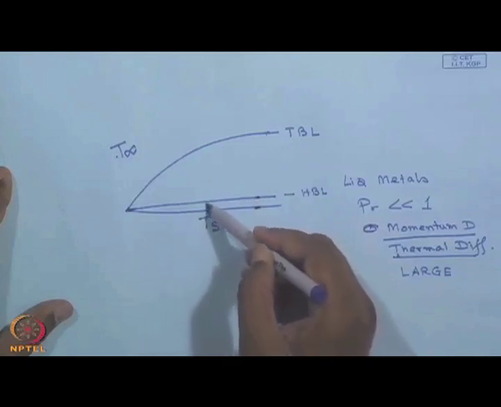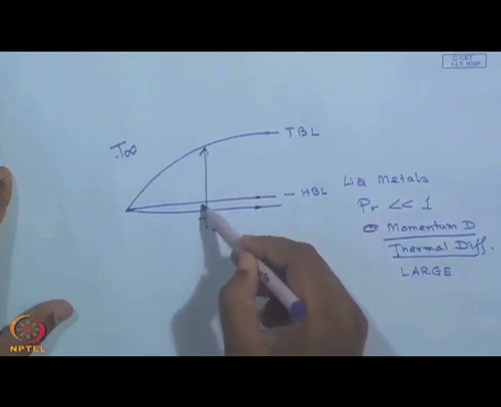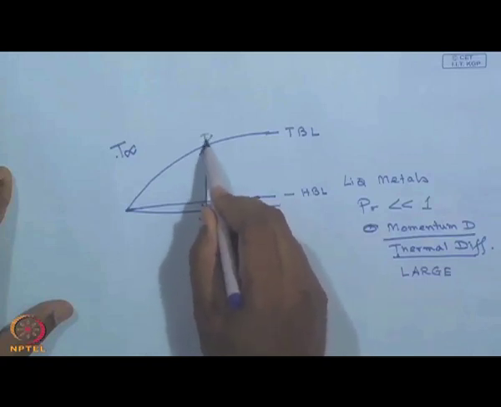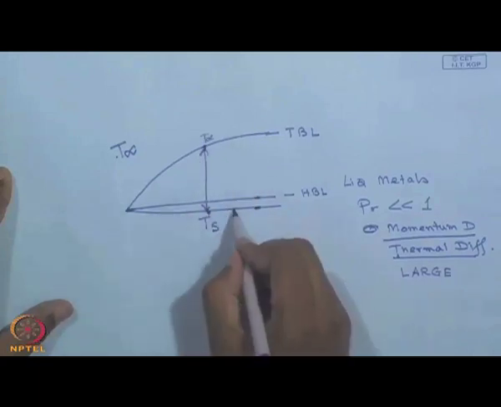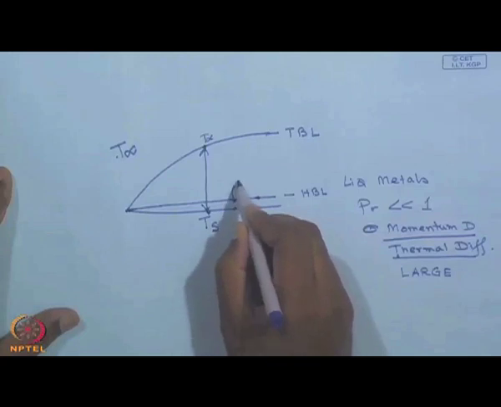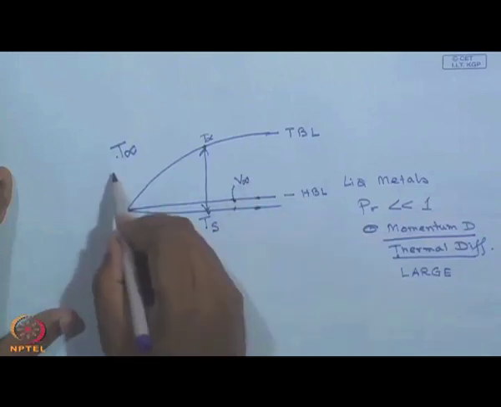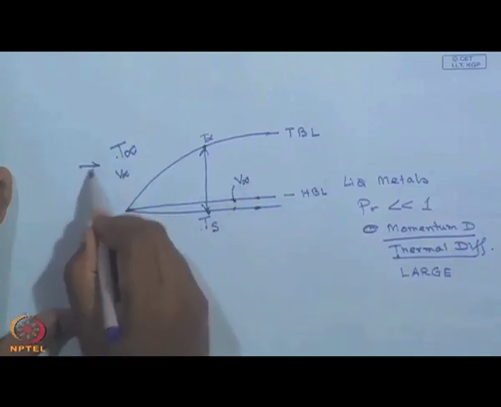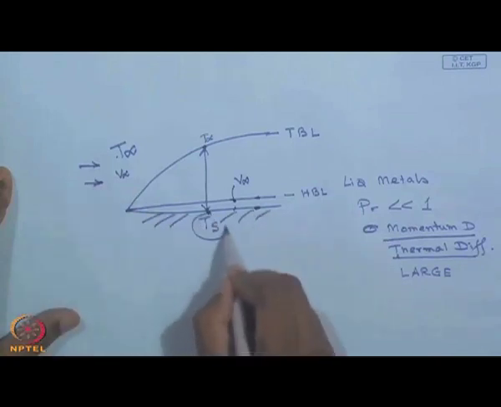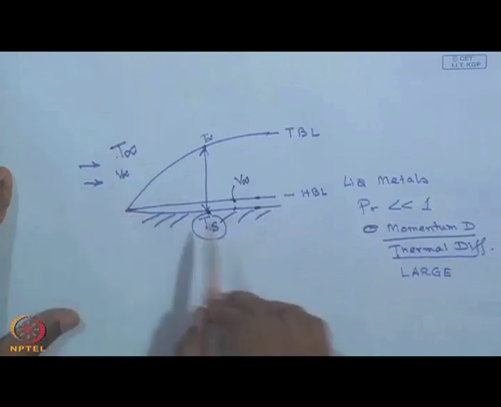So, it will take this much of distance for the temperature to become equal to T infinity, whereas only this much of boundary layer thickness is necessary for the velocity to become equal to V infinity. So, we have a liquid which is approaching a solid plate whose temperature is different from that of T infinity, and due to no slip condition, the velocity at this point would be equal to 0.